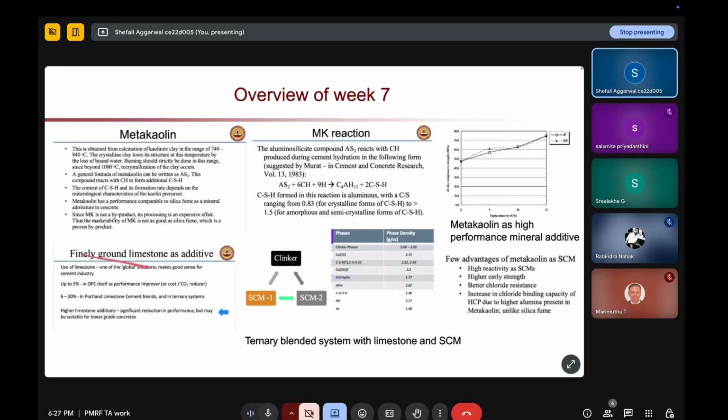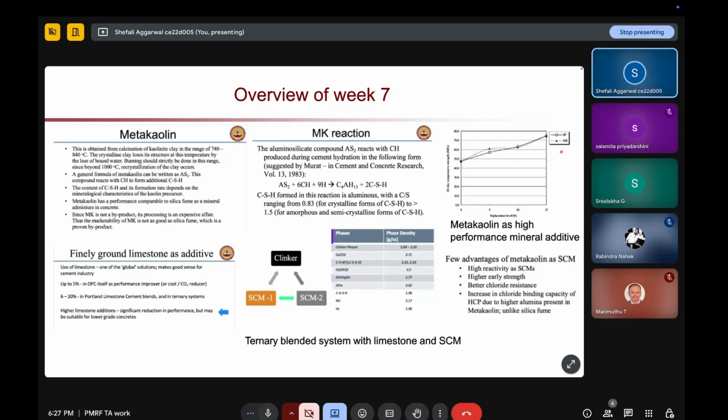Further, with how this behaves in concrete, you can see here that if we increase the replacement level, our compressive strength value increases with the addition of metakaolin, and its behavior is almost similar to that of silica fume.